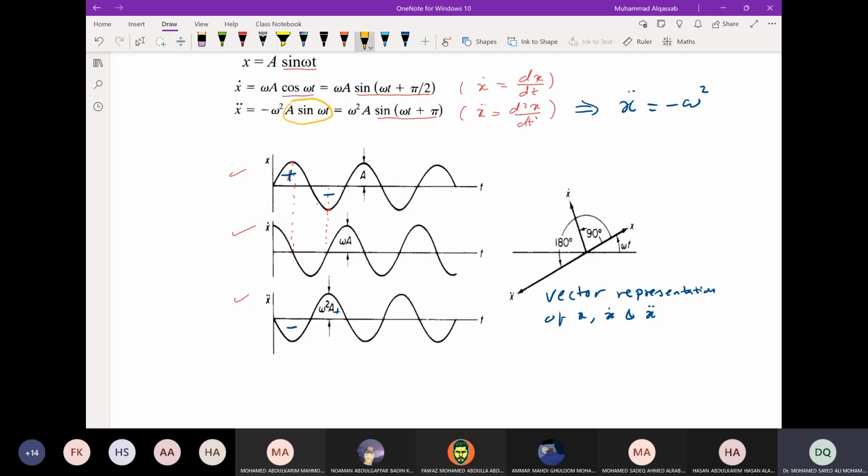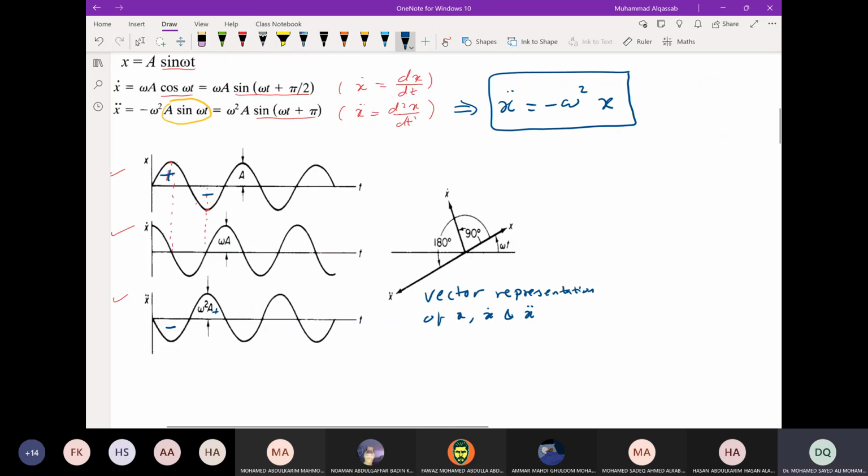It is x. So you can write x double dot equal to minus omega square x. This is called the condition for harmonic motion.